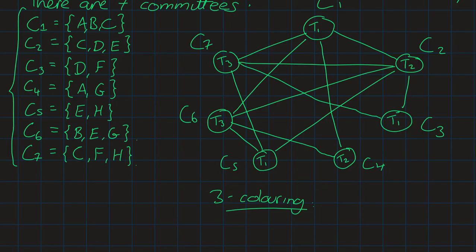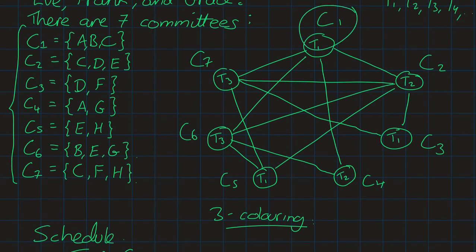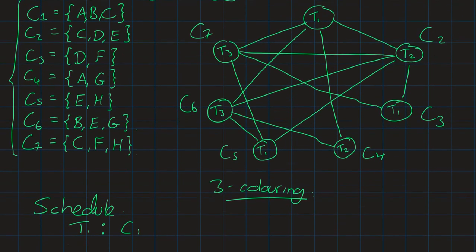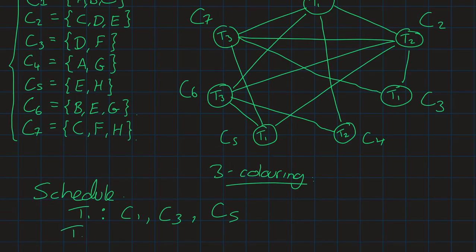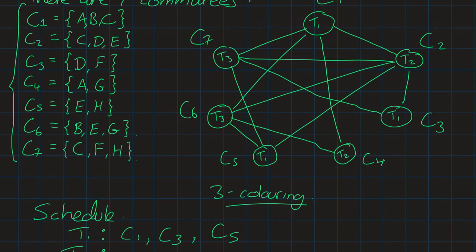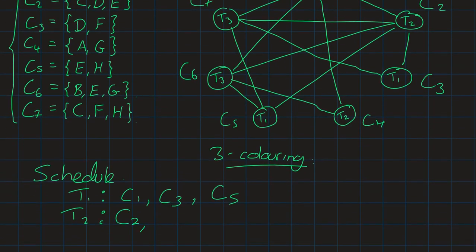Okay. So what's the actual schedule? Well, the schedule is at time T1, you should have committee C1 meet, and also committee C3, and also committee C5. Okay. At time T2, you should have committee C2 and C4 meet.